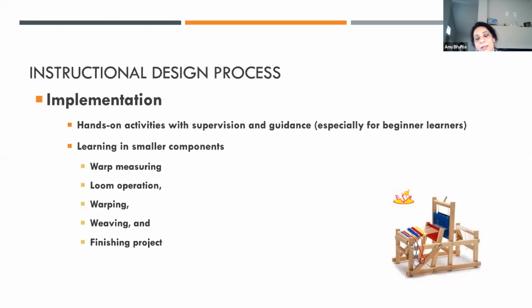I always tell my students that in weaving, 60% or more of the time they spend warping and setting up the loom, and the rest of the time they do weaving. So this is a big chunk of the class which they should pay more attention to.